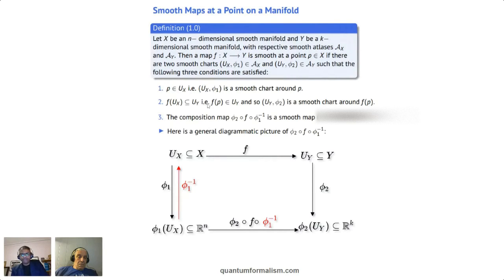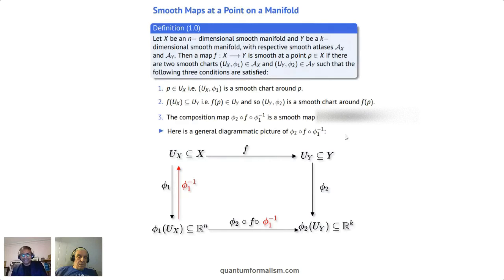Or another way to say that is that F of P lies in the chart UY. And then most importantly, this composition is a smooth map at the point F of P. Calculus 101, that's what a map being differentiable at a point is.